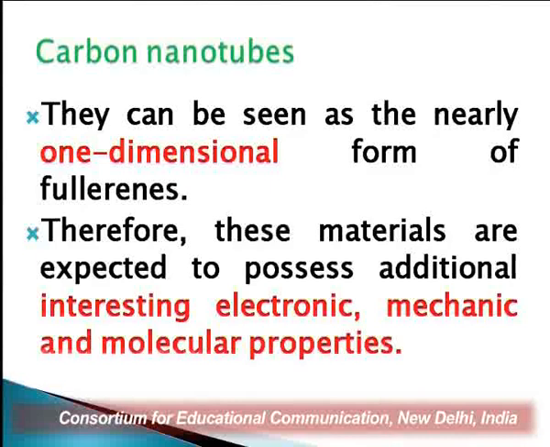They are nearly the one-dimensional form of the fullerene, and therefore these materials are expected to possess additional properties like electronic, mechanical and molecular properties, and these are different from other forms of the fullerenes.